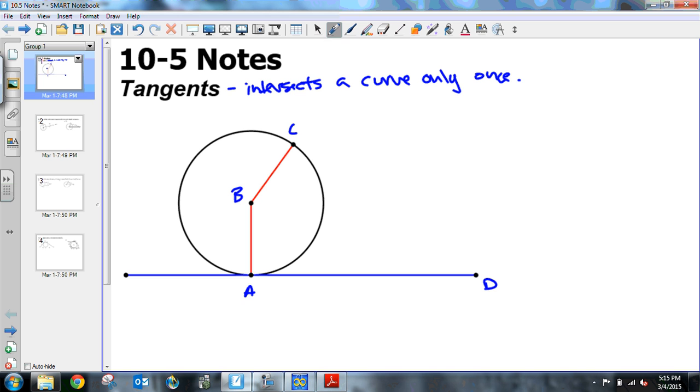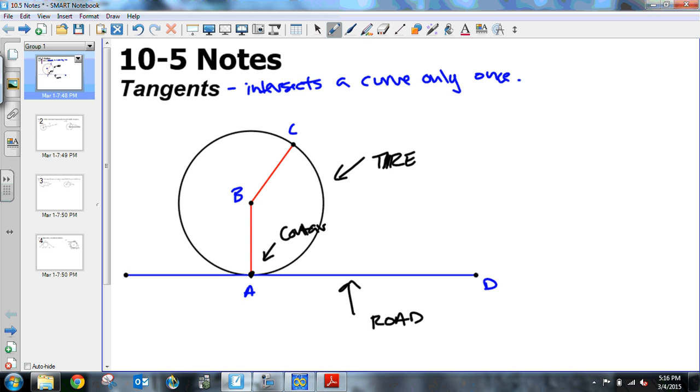Now, the one real-world thing that you see every day, something that you don't really realize, is that you're constantly using tangent lines. But if you think of this as a tire on a car or a bicycle or some sort of wheel, and this is the road, you want to see where this makes contact with the road.